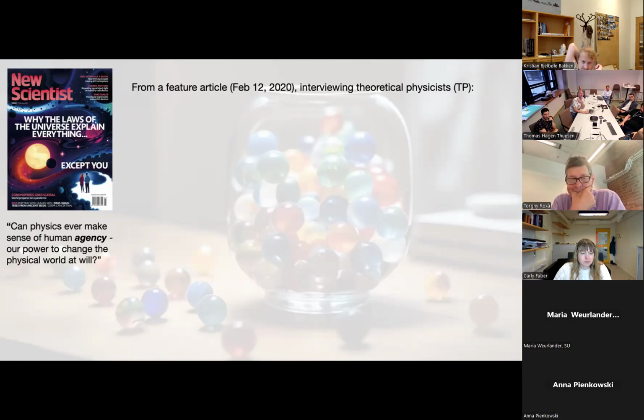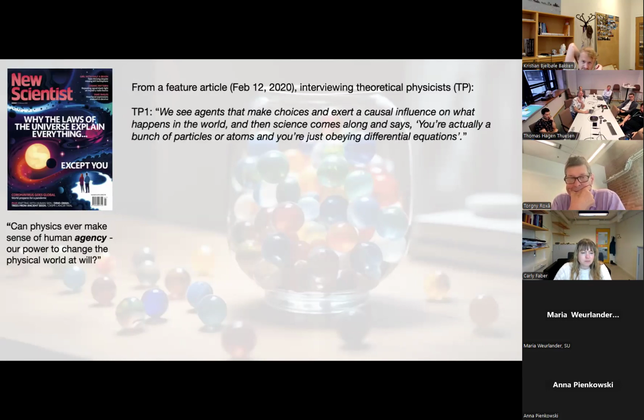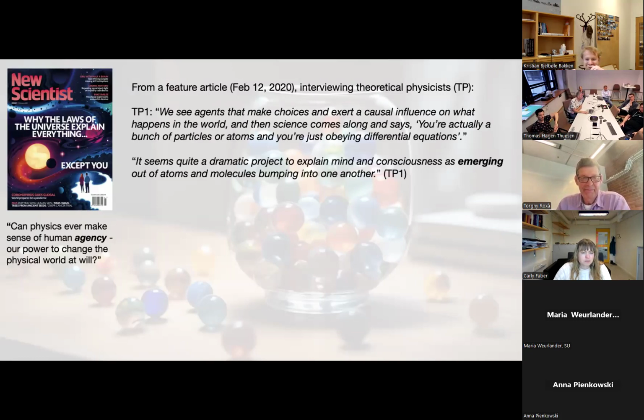Okay. So theoretical physicist one says, well, we see agents that make choices and exert a causal influence on what happens in the world. And then science comes along and says, hey, you're actually just a bunch of particles or atoms, and you're just obeying differential equations. It seems quite a dramatic project to explain mind and consciousness as emerging out of atoms and molecules, bumping into one another.